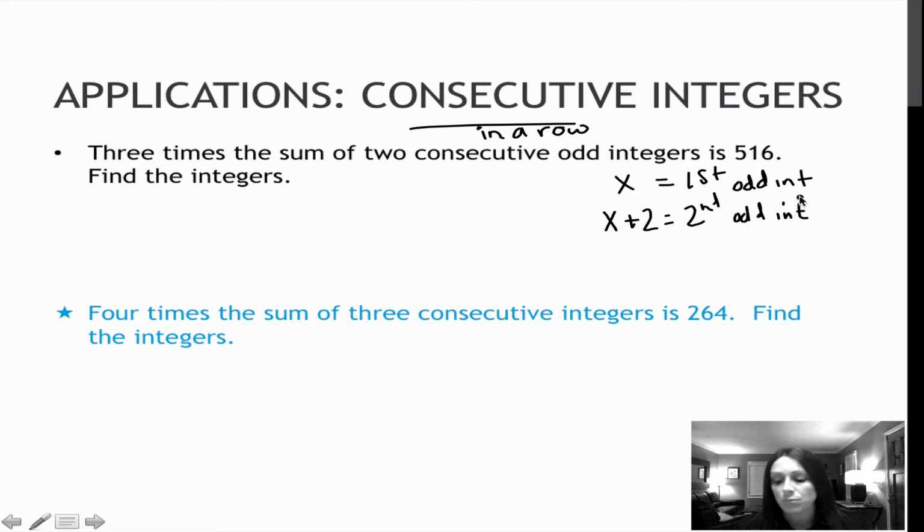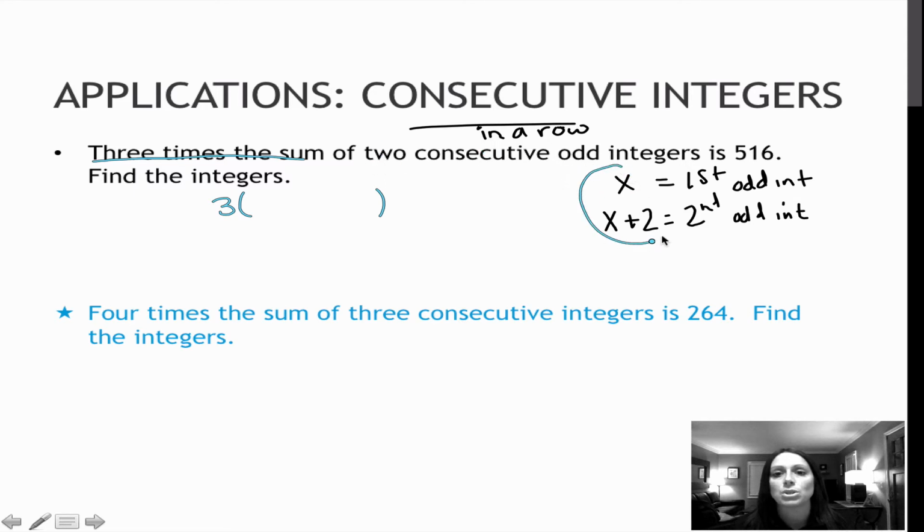Now, that's going to be helpful because now I'm going to write an equation dealing with my first and my second odd integers. Now, this says 3 times the sum. So we've talked about the sum already. So 3 times the sum would mean I'm going to be adding some things together in parentheses. So 3 times the sum, what am I taking the sum of? The 2 consecutive odd integers.